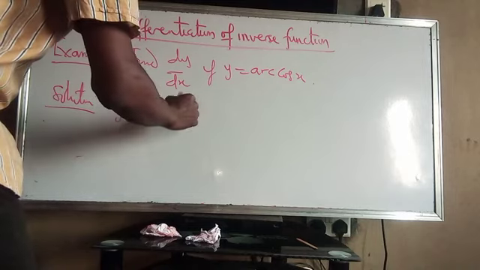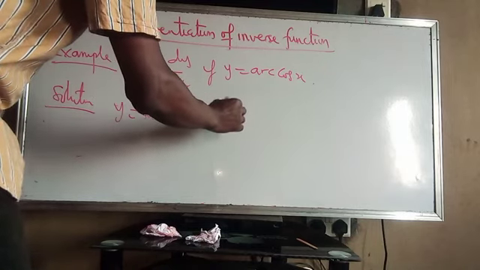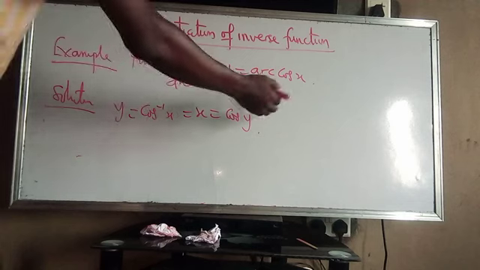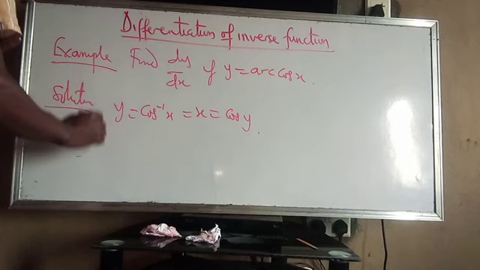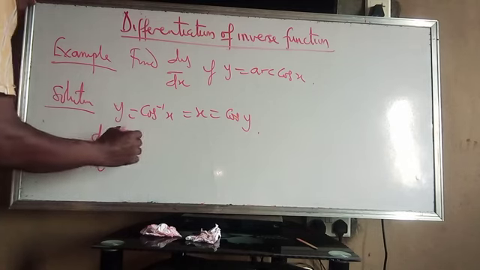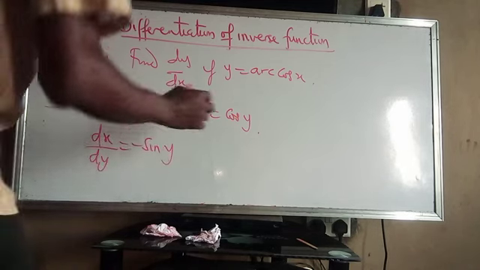So from here we have x equals cos y. So we can differentiate this directly by saying dx dy is equal to minus sine y.